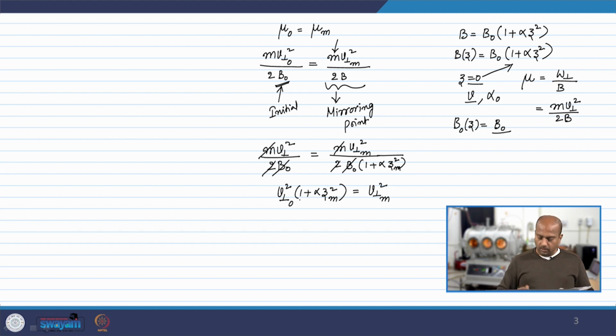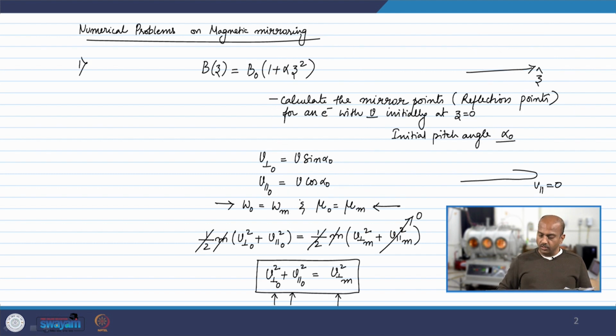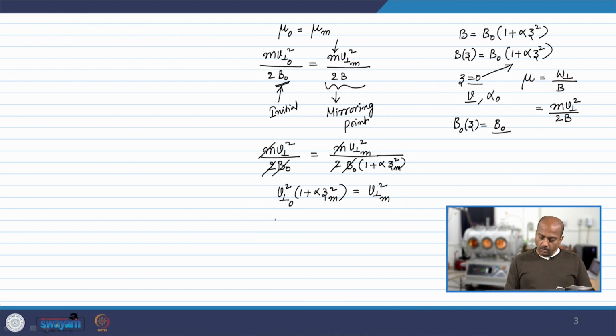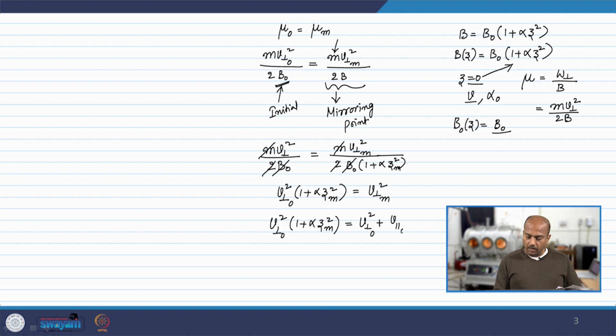So, from this earlier expression which is obtained using the conservation of energy, the perpendicular component of velocity at the mirroring point square can be written as this. So, which will be V perpendicular 0 square times 1 plus alpha Zm square is equal to V perpendicular 0 square plus V parallel 0 square.